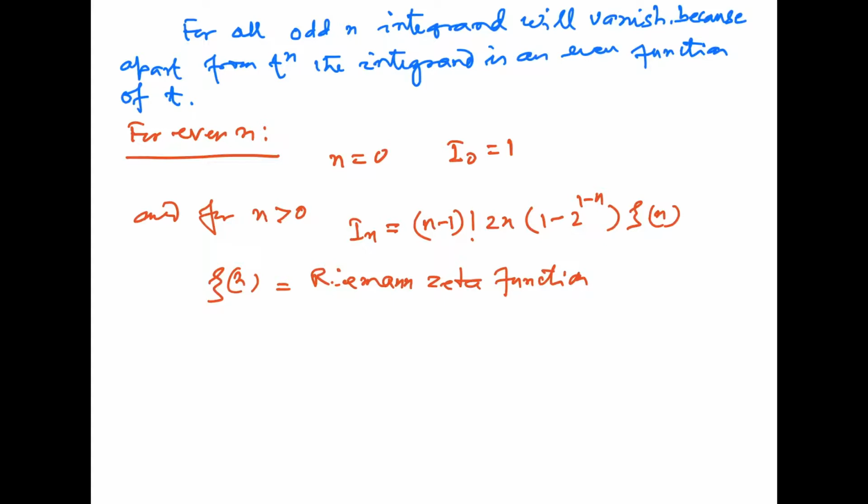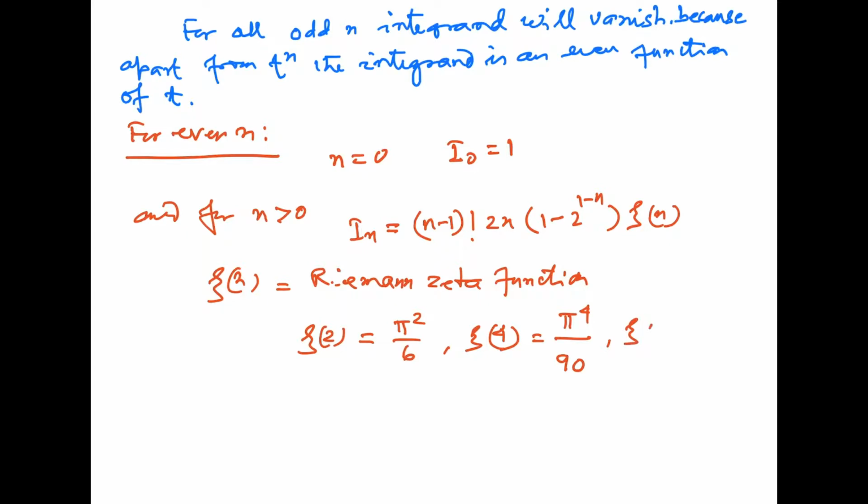We are using the result again. This Riemann zeta function is a tabulated function, and some of the values we can write: zeta 2 is equal to pi square by 6. We are not interested in zeta 1, zeta 3, etc., because we are interested in even values of n only. So zeta 2 is pi square by 6. Zeta 4 is pi to the power 4 divided by 90.